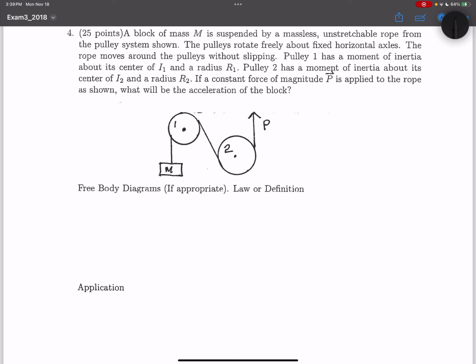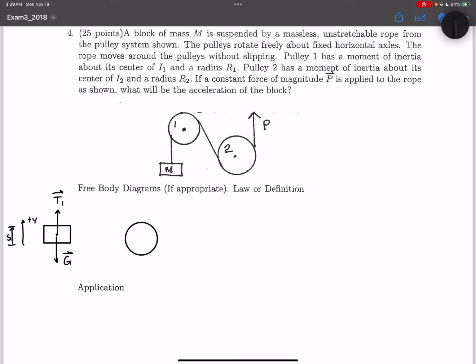Okay, so let's do our free body diagrams. For the mass M, it's going to have a tension force, tension 1 we'll call it, and it's going to have gravity acting down. We'll say that it's moving in the positive y direction there, and we'll define that it moves this amount S up.